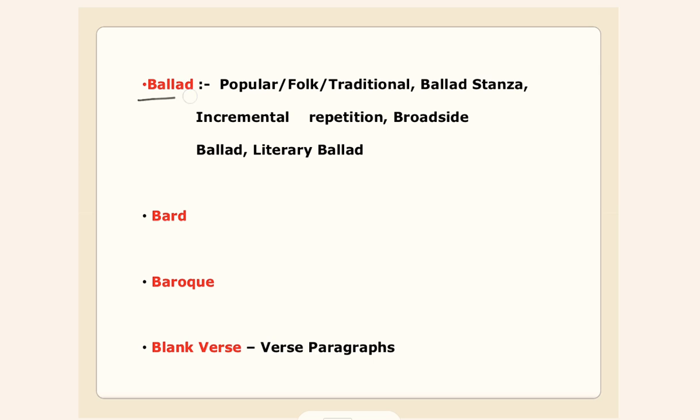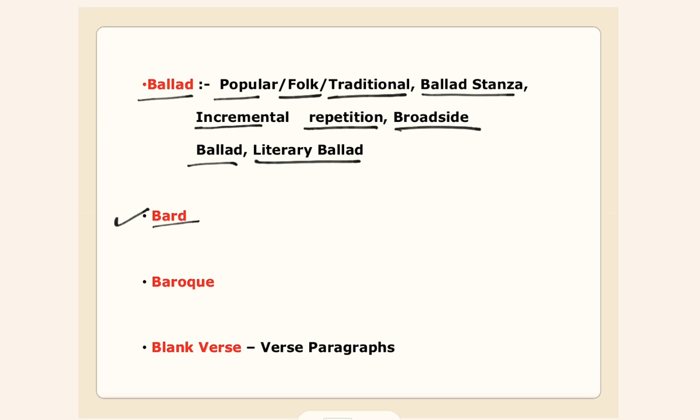Next, ballad. Here popular ballad, folk ballad, traditional ballad, and ballad stanza, incremental repetition, broadside ballad, and literary ballad. Next, bard. Bard means poet. Baroque, blank verse paragraphs.